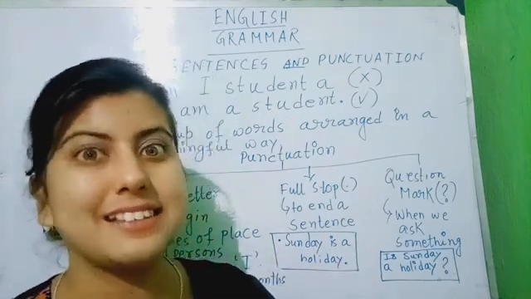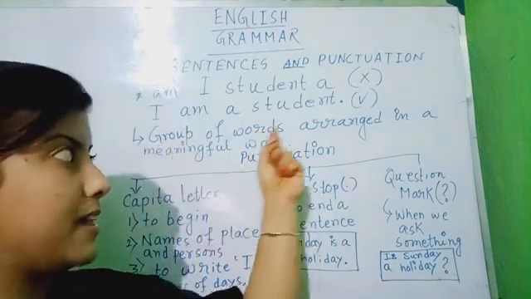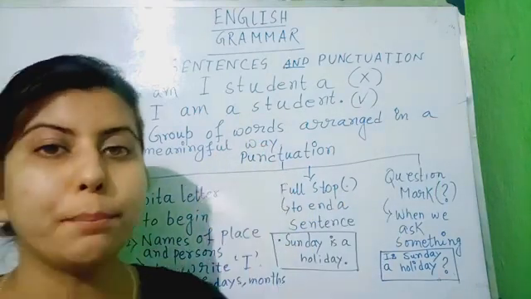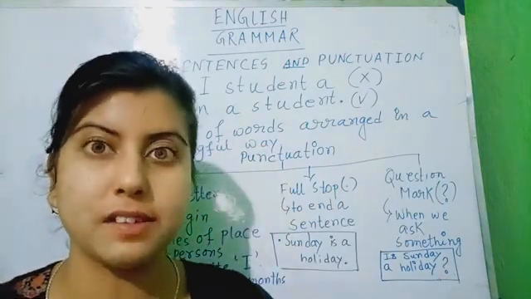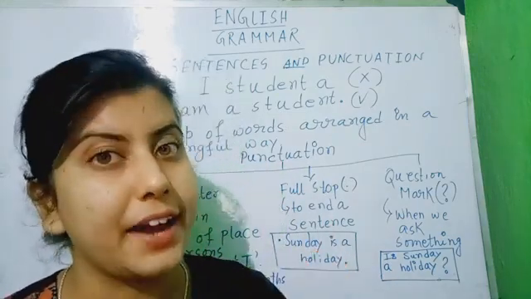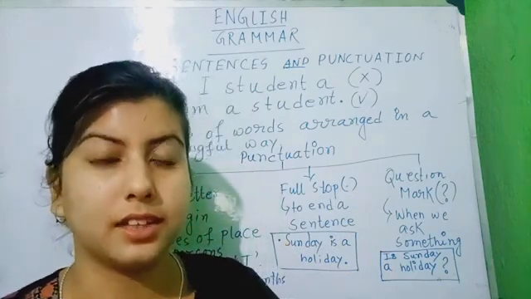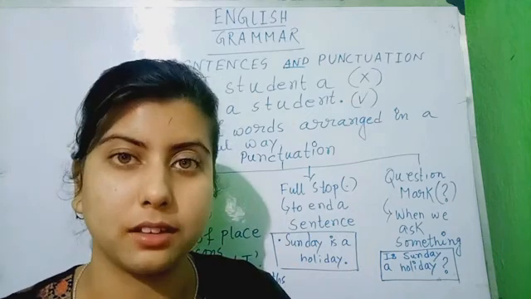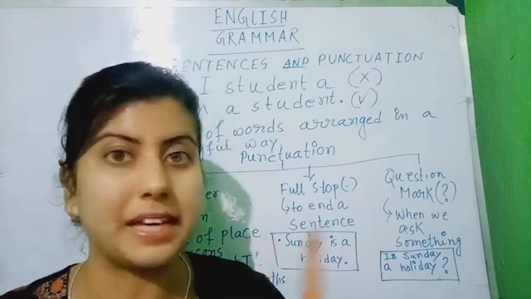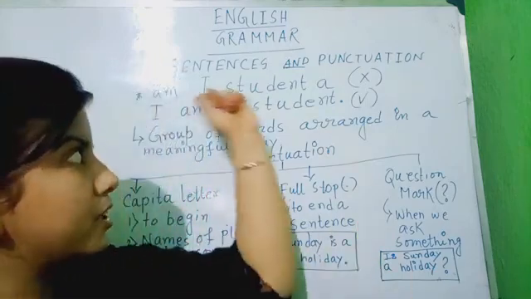So sentence is nothing but a group of words arranged in a meaningful way. Group of words means multiple words which are arranged in a way that they mean something. They should have a meaning. A meaningless group of words will not be considered a sentence, just like the first one.